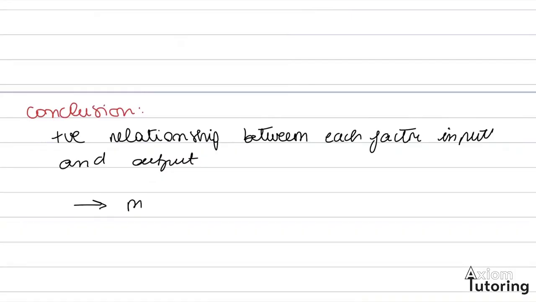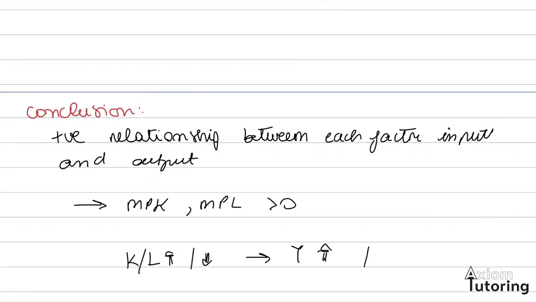Meaning that both the marginal product of capital and the marginal product of labor are going to be greater than 0. So if labor increases or decreases, output is going to increase or decrease, depending on which direction the two factors of production take.